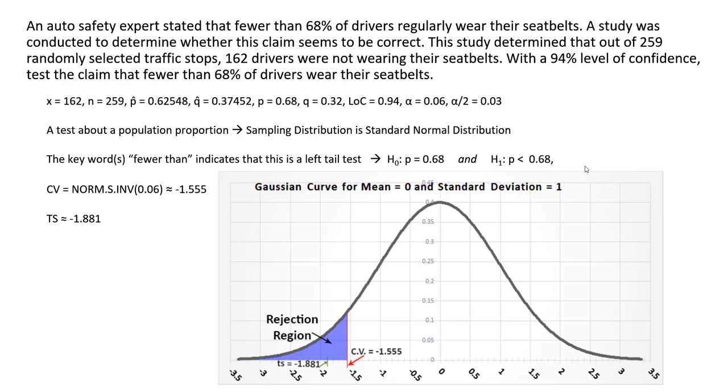For all we know, it could be 67.9% or it could be 40%. We don't know. We just know that what we have just proved is that it is no longer 68%. That's not considered the population of people who wear their seatbelts. It is less than that somewhere, with a 94% level of confidence.